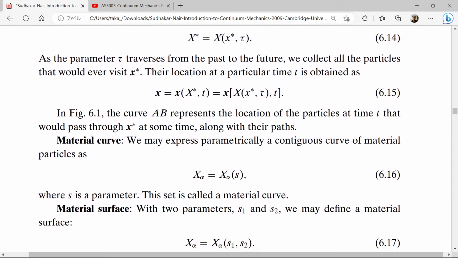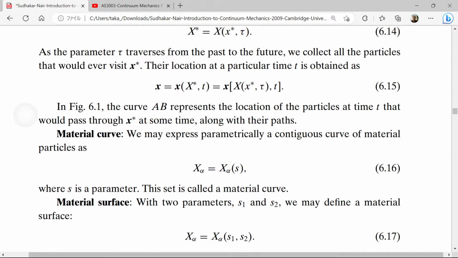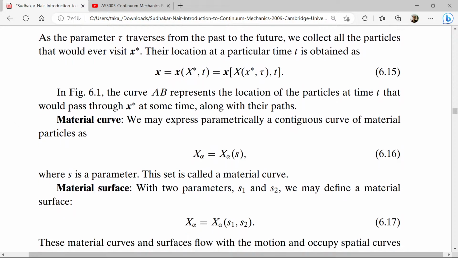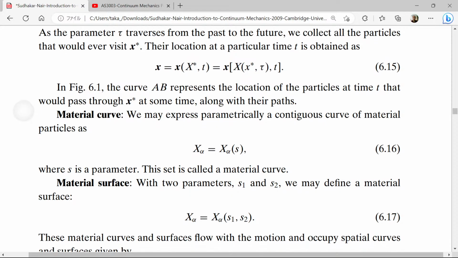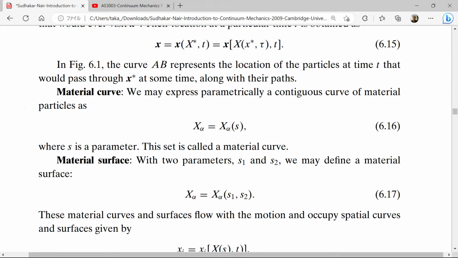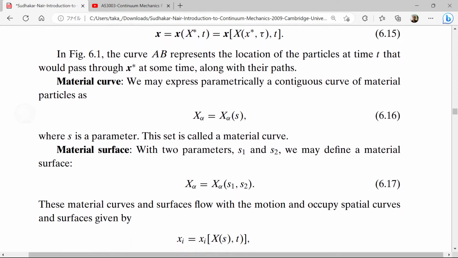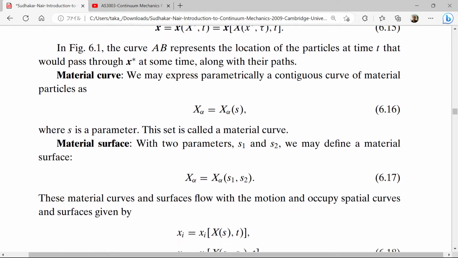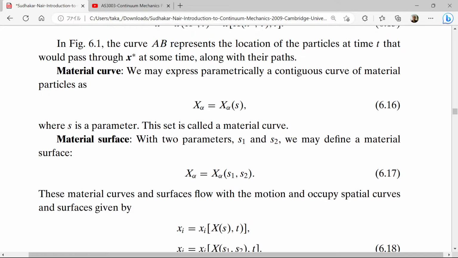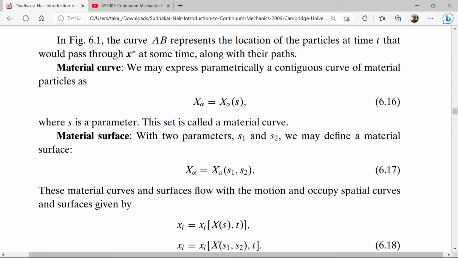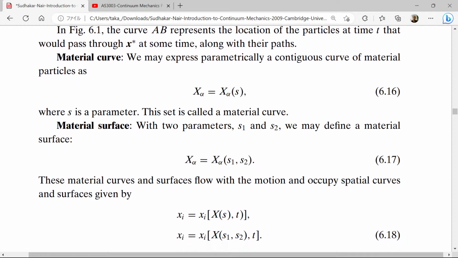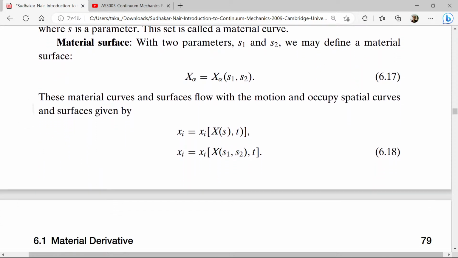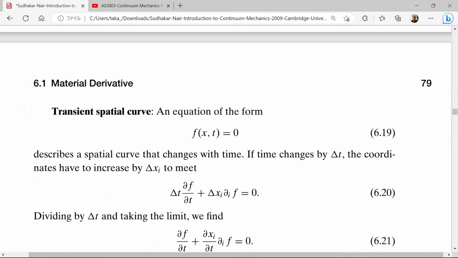We collect all the particles that would ever visit x star, and their location at a particular time t is obtained as follows. In Figure 6.1, the curve AB represents the location of the particles at time t that would pass through x star. This is not so easy.